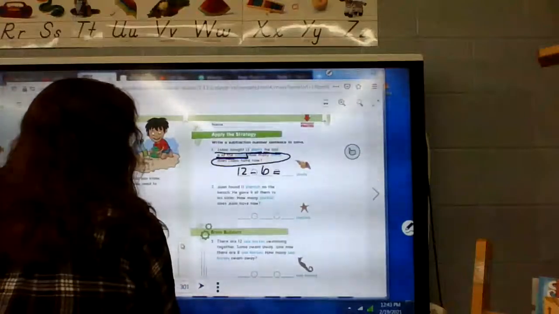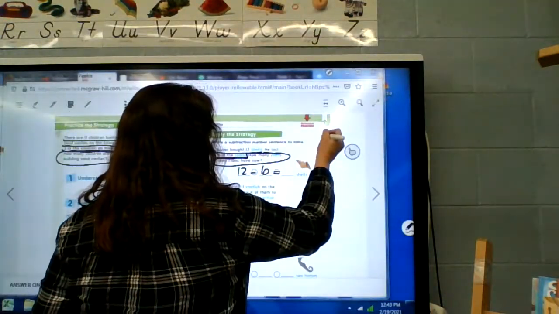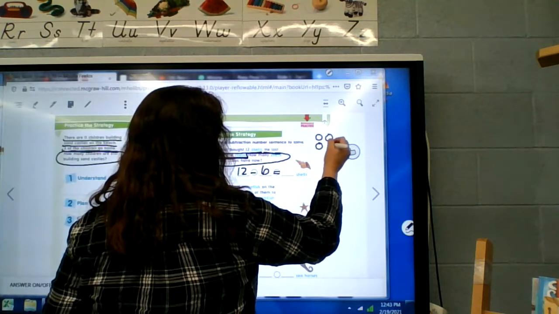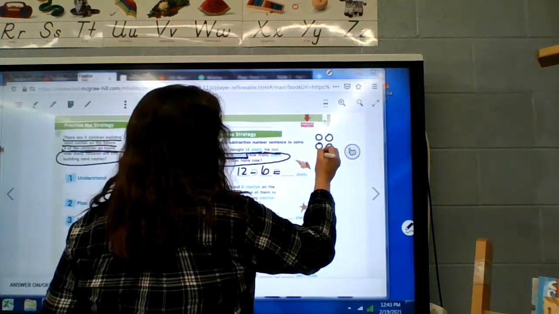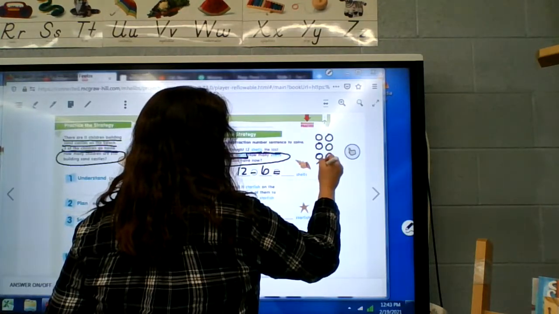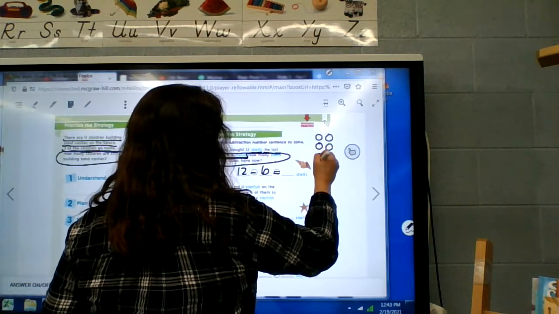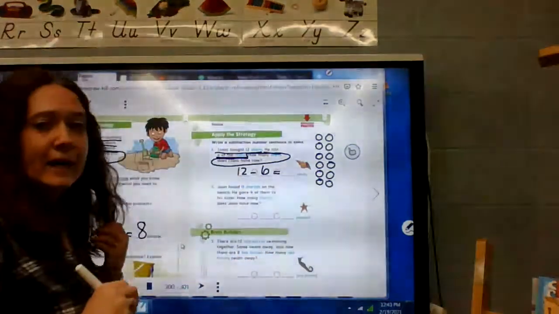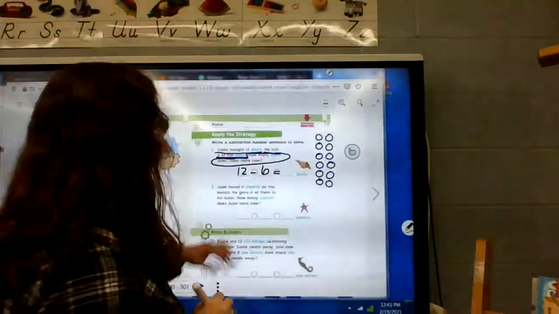If you're not sure, you could draw out 12 circles. You could draw out shells if you wanted to spend that much time. Okay, I kind of gave you a hint on the double. Okay, 6 of them.